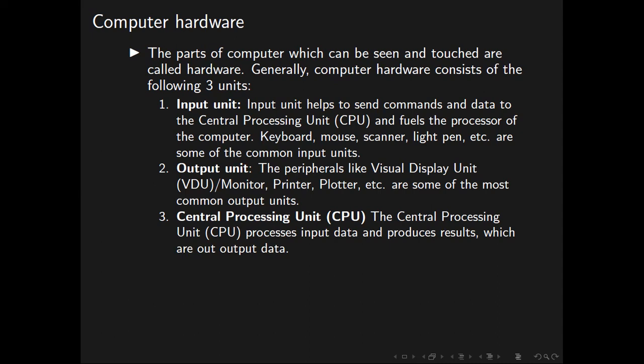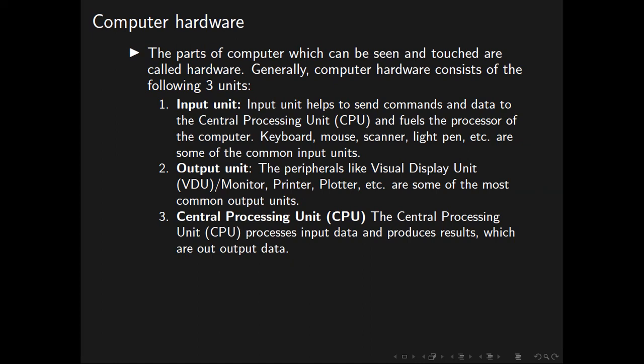Then output unit. The major output unit we use is the monitor. The formal name for a monitor is visual display unit. Visual display unit can be a monitor, projector, or LED screen, whatever large device is used for providing output.